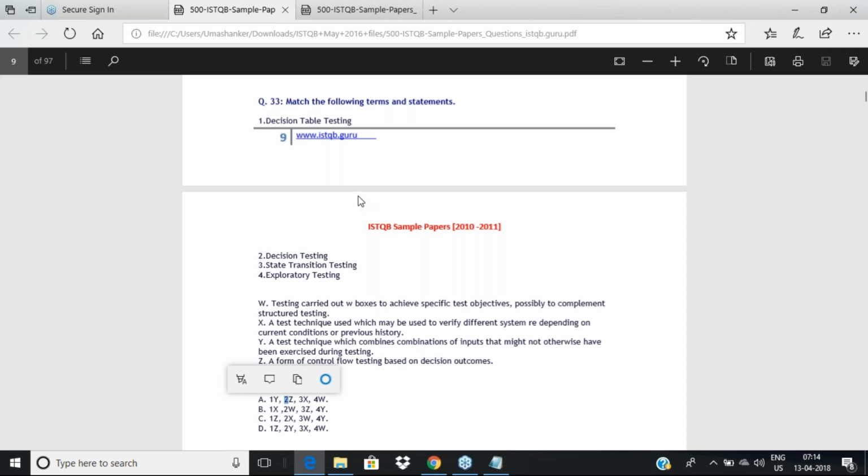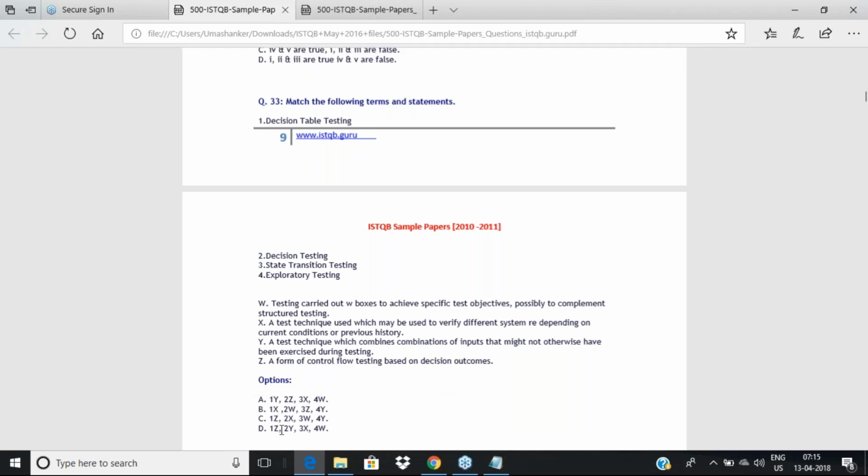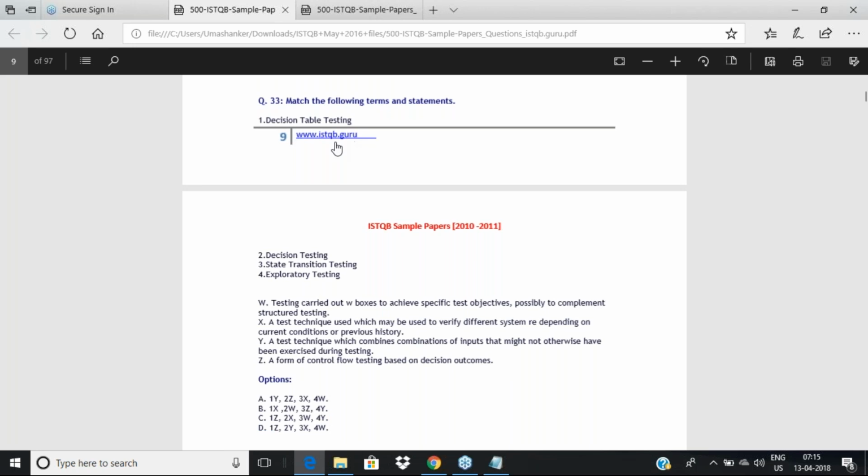But there is a small confusion between this Z and 1 also. So you need to rule out 1Z, which is in two places. While doing the real exercise, if you're confused with decision table testing, look at others. For example, let's look at D, 2Y. 2 is what? Decision testing.